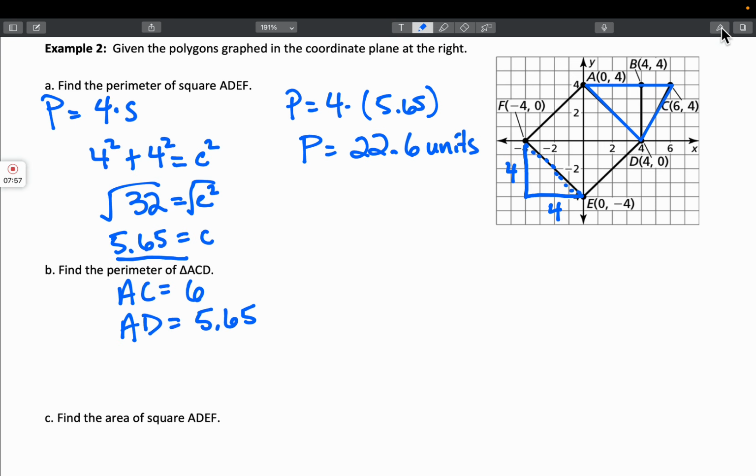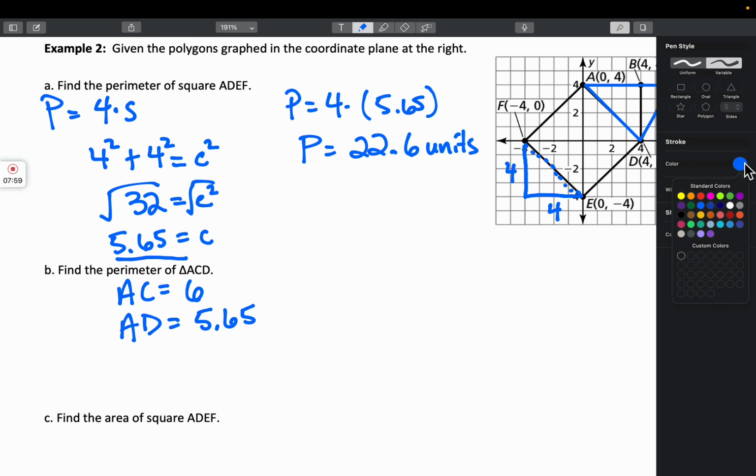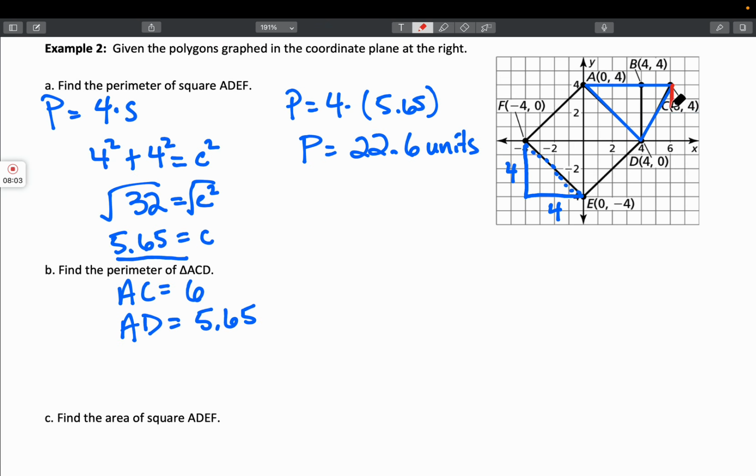Well, once again, I'm going to create a right triangle and use the Pythagorean theorem. I'm just going to change the color here so we can see that. Those two red segments now are the legs, and this leg is 2 and this leg here is 4. So I'm going to use the Pythagorean theorem to say 2 squared plus 4 squared should be equal to c squared.